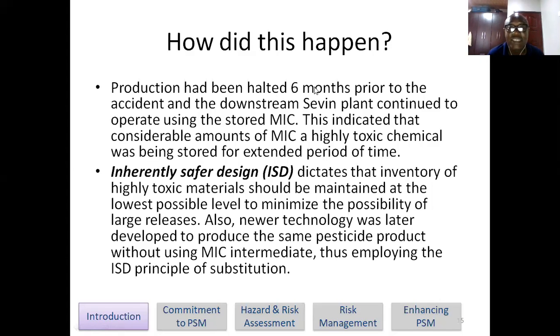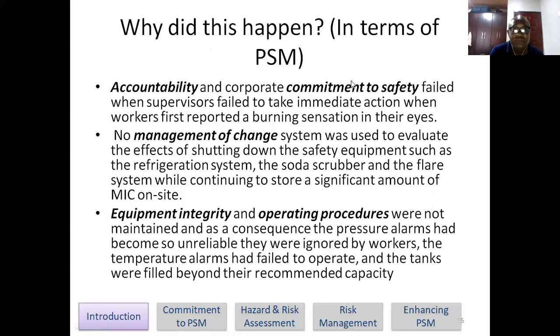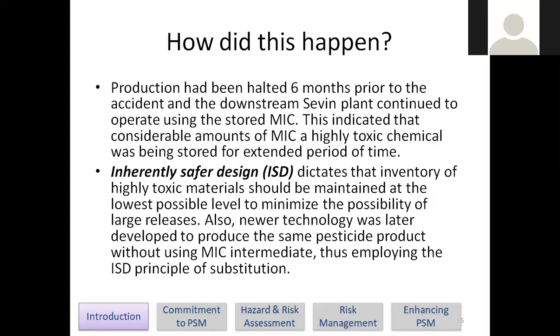Production had been halted 6 months prior. However, they failed to find out that some of the pipes, some of the production process, were leaking. So when the water was introduced, it caused an exothermic reaction.